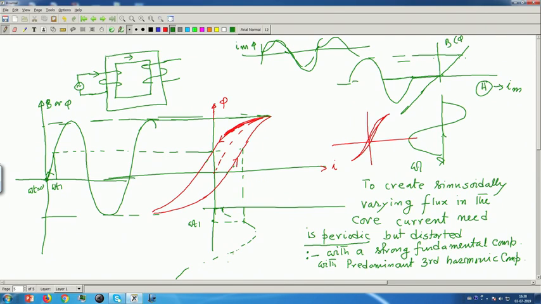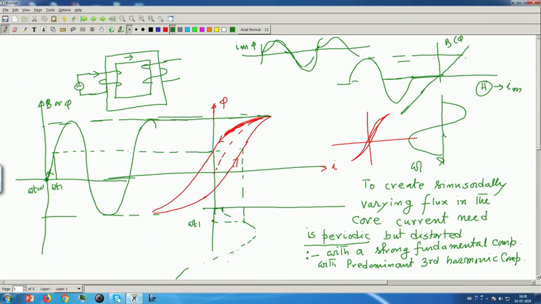Then I will demand, do not pass pure sinusoidal current. If your goal is to create a sinusoidal flux in the core, and you are planning to get one frequency voltage across the secondary of the coil of fundamental frequency, then a pure sinusoidal exciting current will not do.